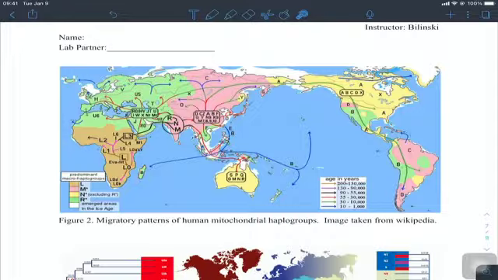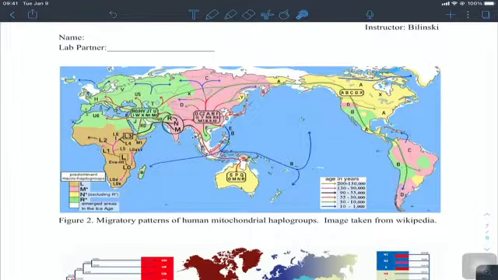And I will, as in the lecture, emphasize that this is not a single person. This is a group of humans who would have shared the same mitochondrial haplotype. Not a single person, it's a group that share that haplotype.